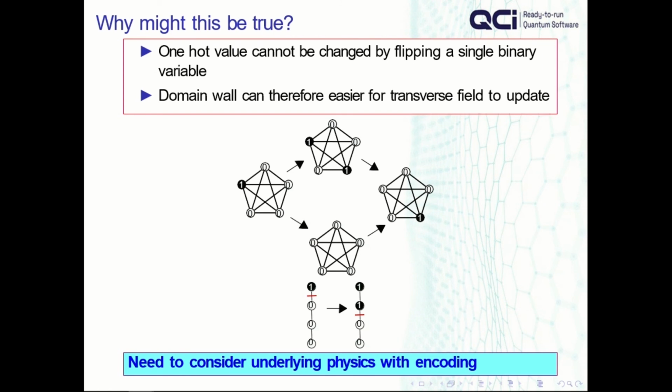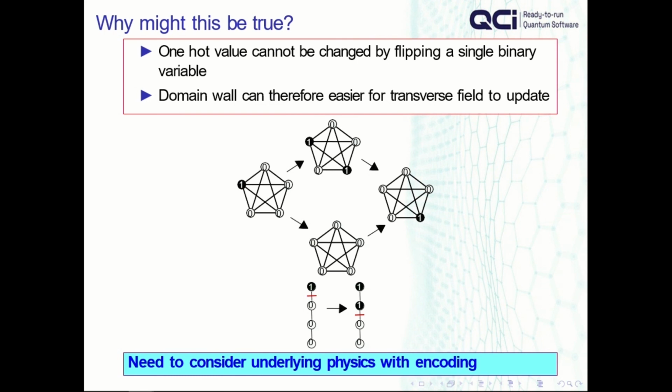So I'll go through how these work. Early on, I just mentioned this domain wall encoding and didn't say how it works. Let's actually think about how the one-hot and domain wall encoding works. In the one-hot encoding, what you do is you balance interactions that want the variables to take different values, binary variables. They could comprise multiple qubits, that's why I don't call them qubits.